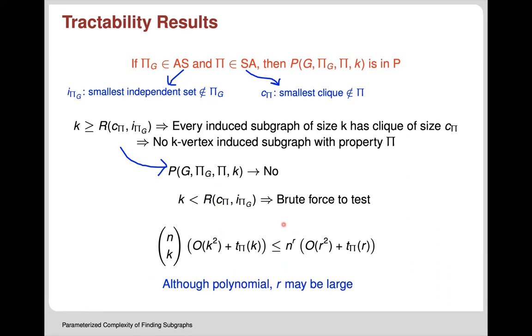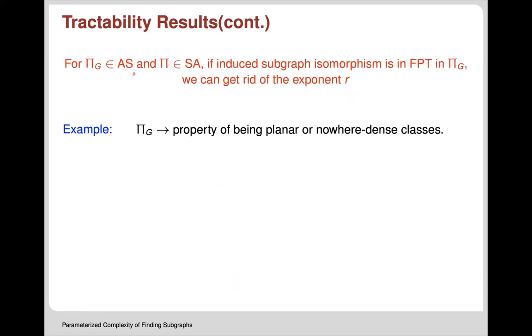If you take a subclass where Π_G still belongs to AS and Π belongs to SA, but the induced subgraph isomorphism is in FPT for Π_G, then we can get rid of the exponent and get a better algorithm.